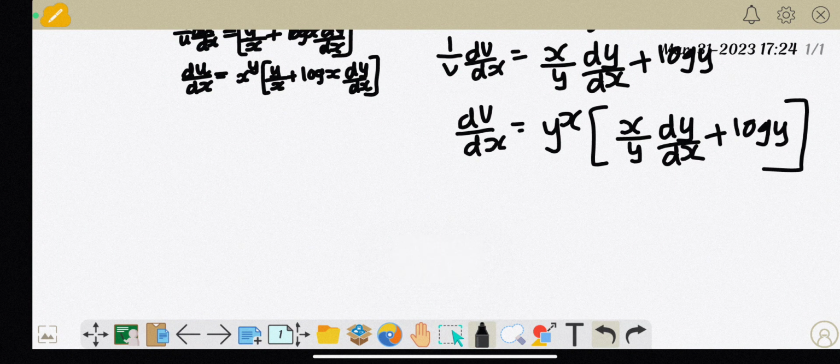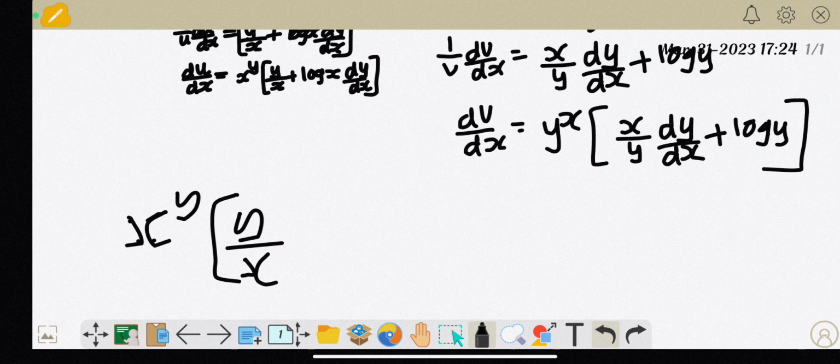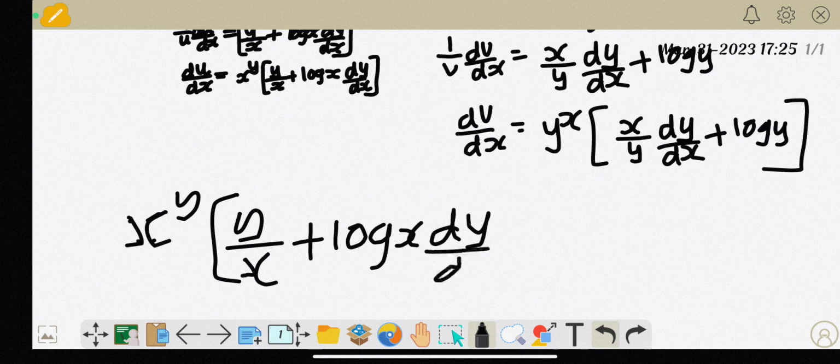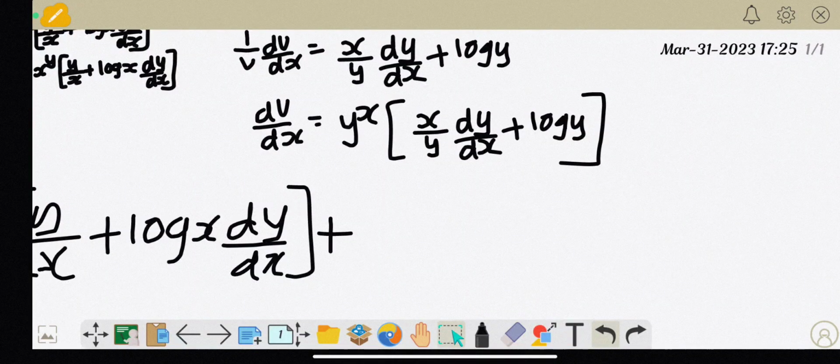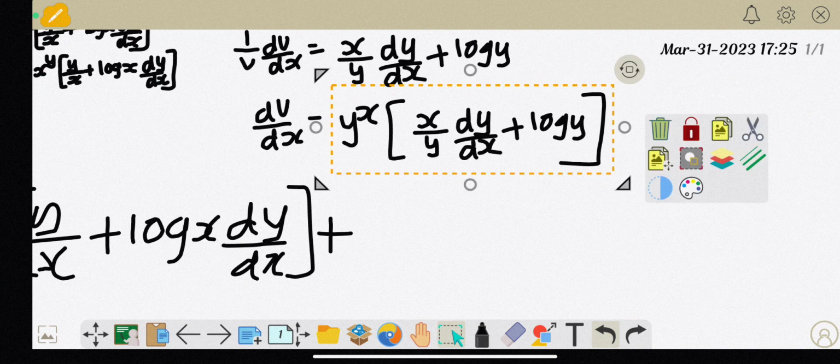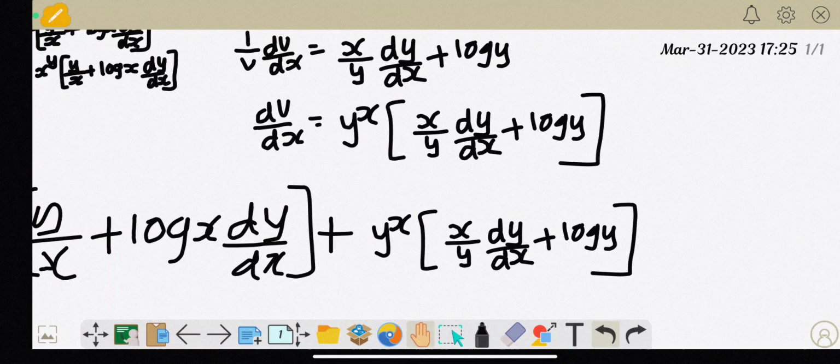So du by dx, it is x to the power y, plus log x dy by dx, plus this term, you have to write now, plus this term is equal to 0.